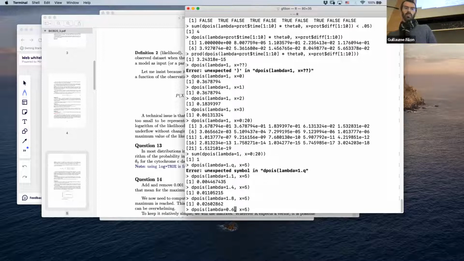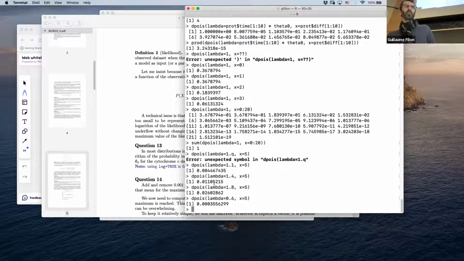When I do this, I'm not considering that this is a probability anymore. I'm considering that this is a likelihood, which means I fix x, and now what I'm making vary is lambda. So there are two inputs to a probability. If you make the variable the parameter, then you call it a likelihood. And there's no reason why this should sum to 1 when I take all the values of lambda.